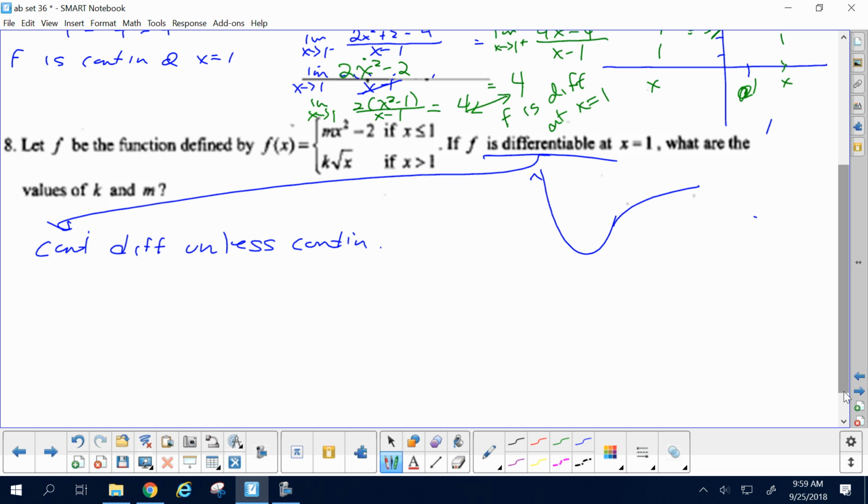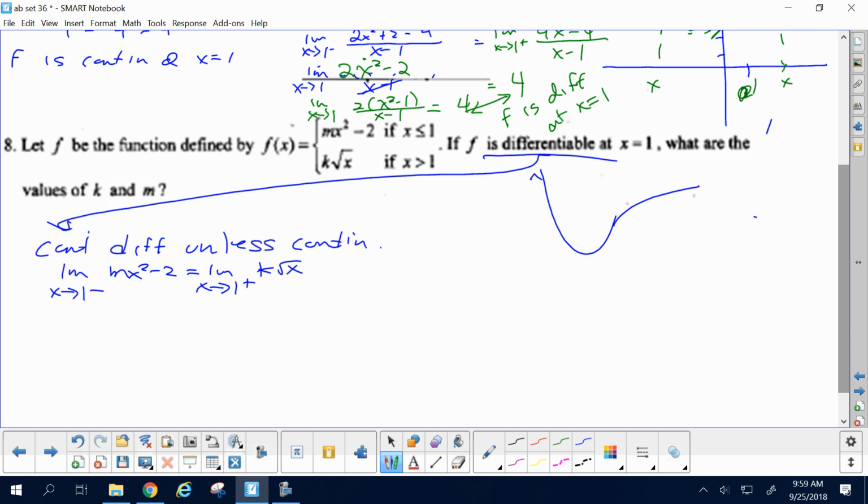So that would mean that the limit as x goes to 1 from the left, which uses mx squared minus 2, must equal the limit as x goes to 1 from the right, which uses k root x. For them to meet at all, that has to be true.